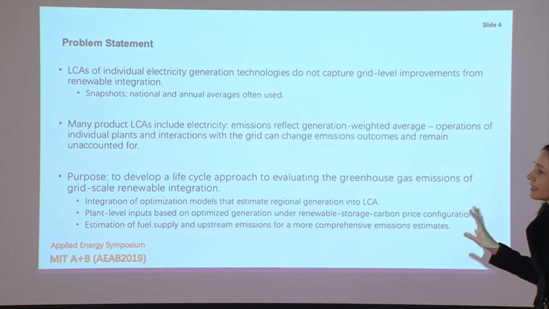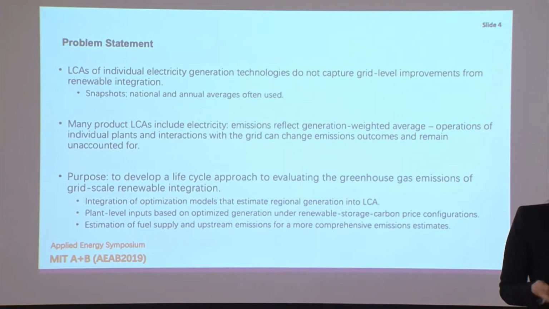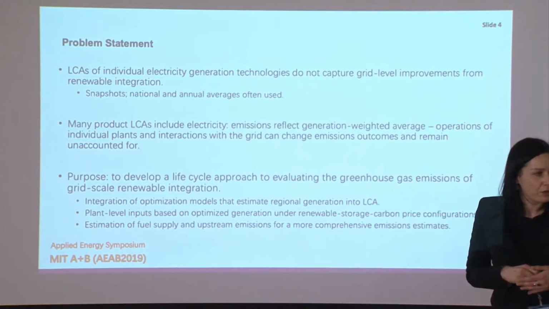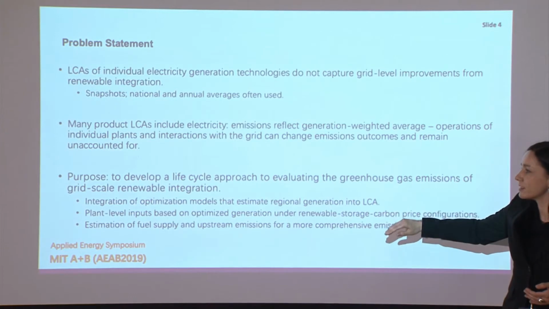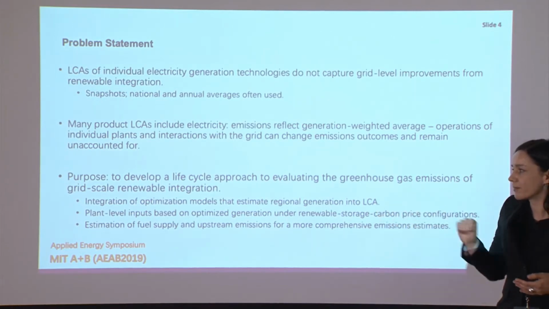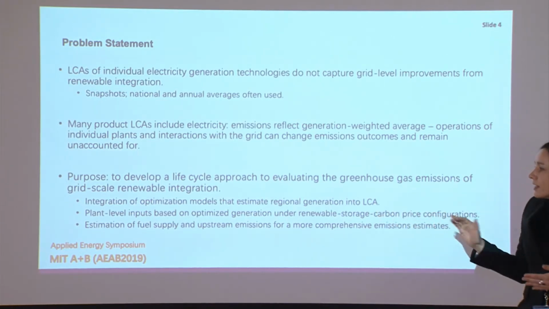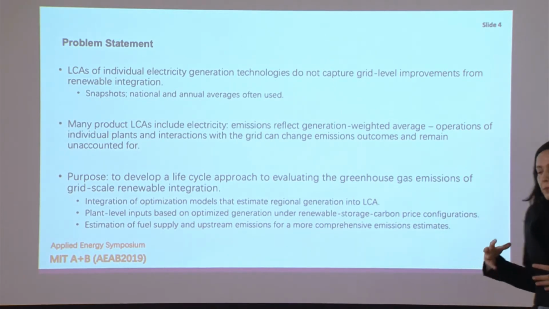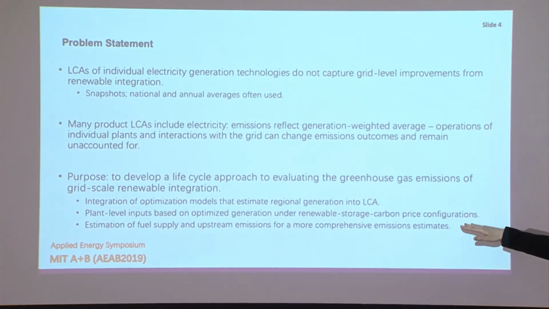So the purpose here is to develop a life cycle approach to account for renewable systems integration, rather than looking at singular technologies. How we went about doing this is, in essence, an integration of optimization models, and that enabled a way to estimate the life cycle grid emissions from a regional perspective. We took into account plant-level inputs and how dynamic interactions occurred across different changes.